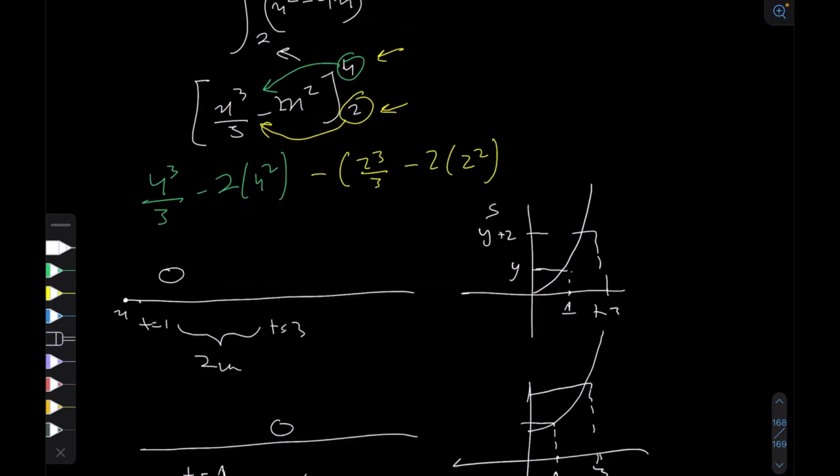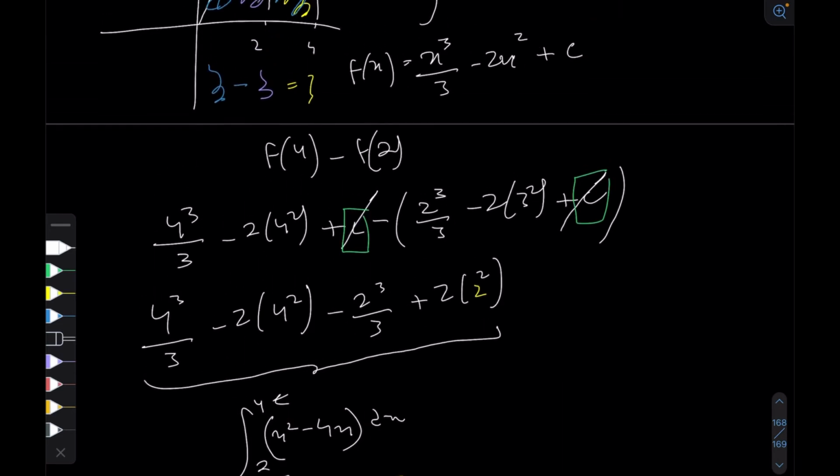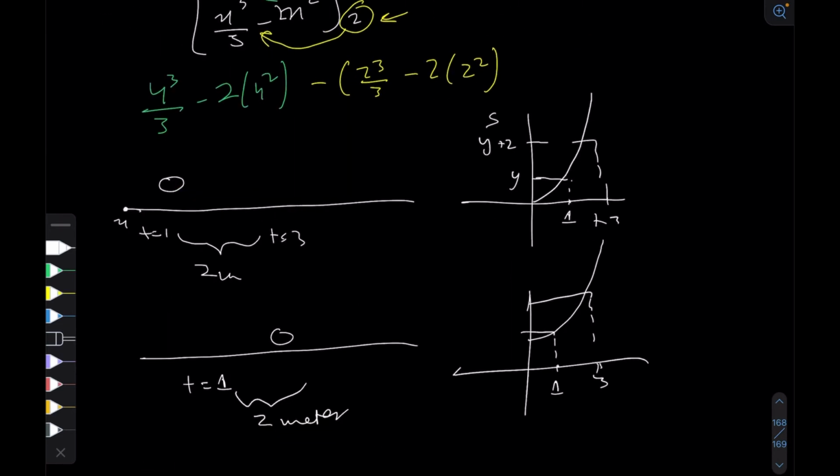And this is why you can just ignore the c, because it just cancels out. You were just shifting it, but since the shift did not affect how much y changes with x, this difference remains the same.